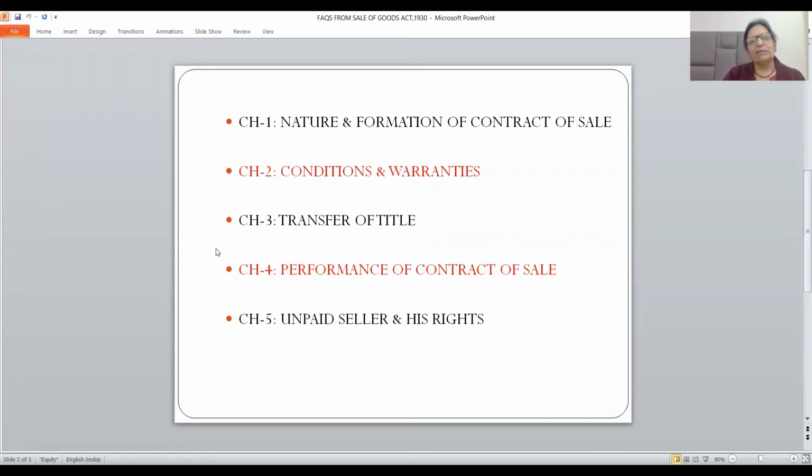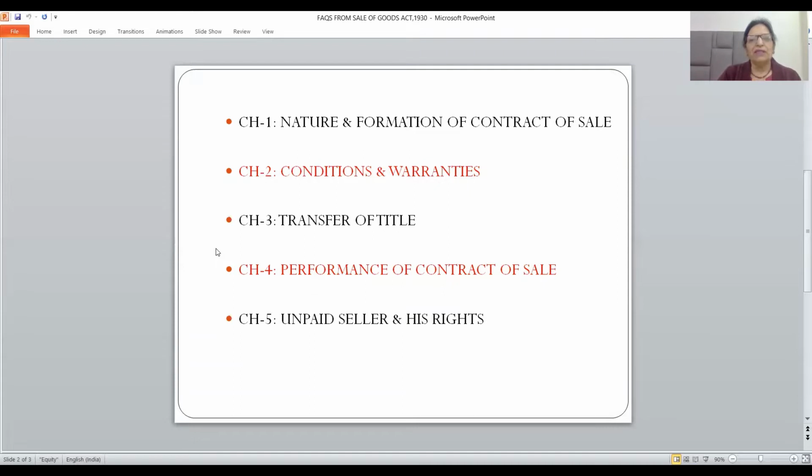There are 5 chapters in the unit of Sale of Goods Act. The very first chapter is the nature and formation of contract of sale. In this chapter, friends, I have taught you in my video the meaning of contract of sale, then the difference between contract of sale and agreement to sell.